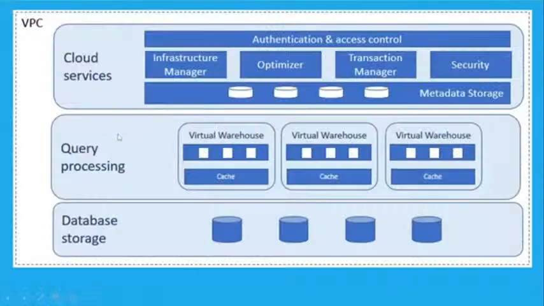I will tell you. See, this query processing layer is the virtual warehouse, which is a compute layer, and these are hardware resources for your Snowflake. They are required to process all your requests in Snowflake.